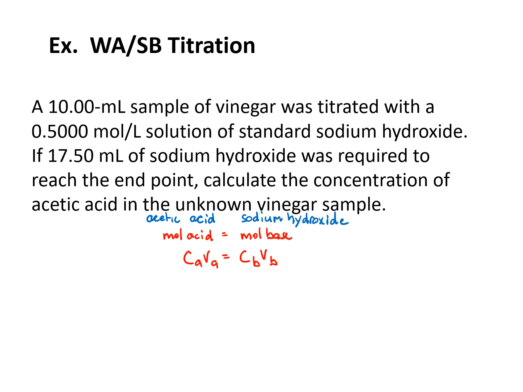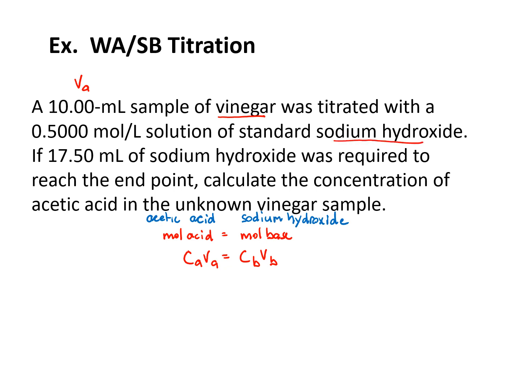Now, looking at our question, we're told that we start with a 10 milliliter sample of vinegar. And so we should recognize that the active ingredient in vinegar is acetic acid. So this is our weak acid, and this is the volume of acid. Okay. Now that vinegar sample was titrated with 0.5 molar solution of sodium hydroxide.